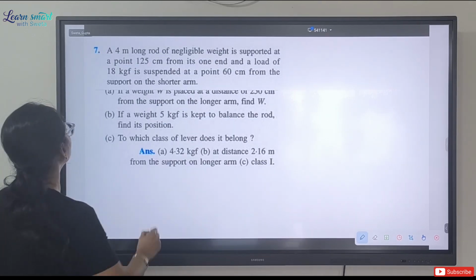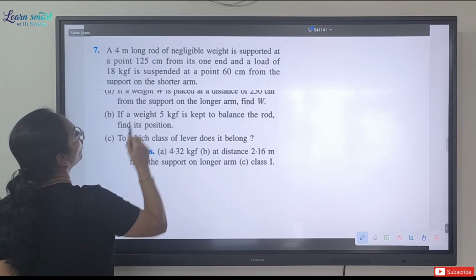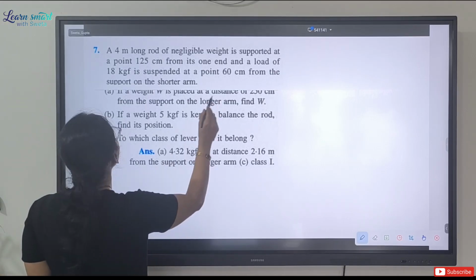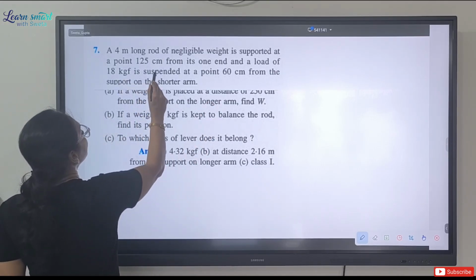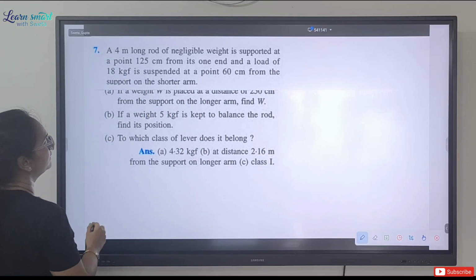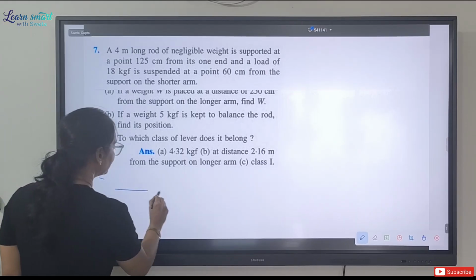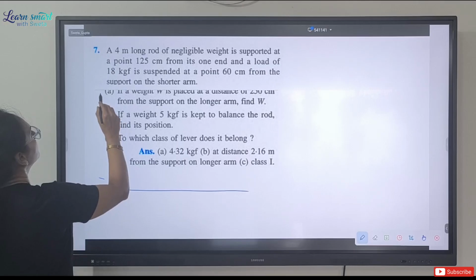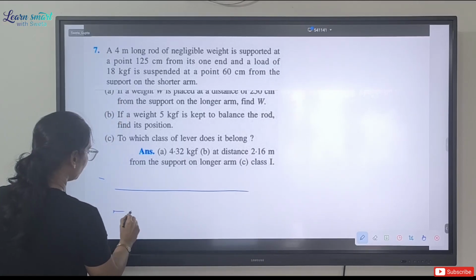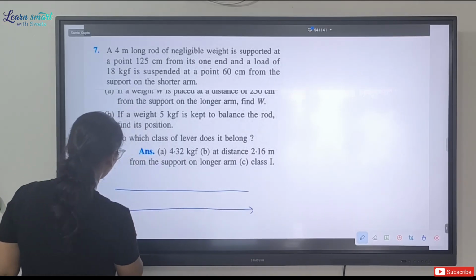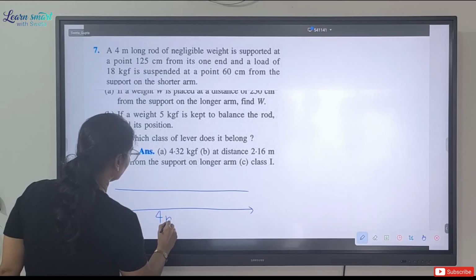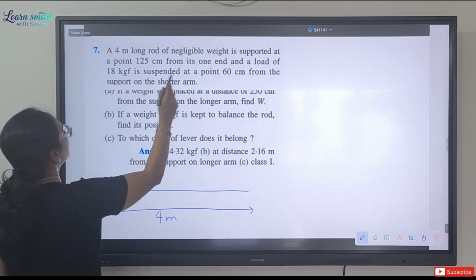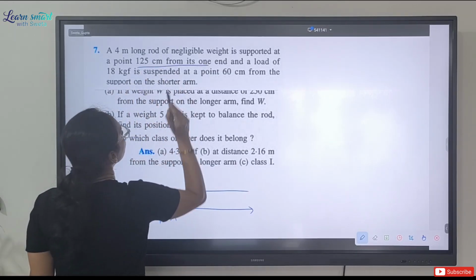Now question number 7. A 4 meter long rod of negligible weight is supported at a point 125 centimeter from its one end, which means that, let's say this is the rod. Its length is 4 meter. So the distance from here to here is 4 meter. And it is supported at a point 125 centimeter from its one end.